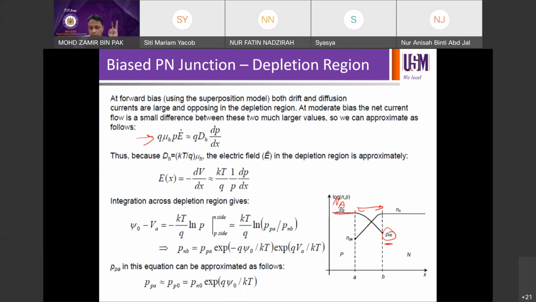Remember, I told you last time, pp naught, np naught. Make sure you know the three things, because they still come again as pnb or npa in this case. So the pnb here is given by your ppa.